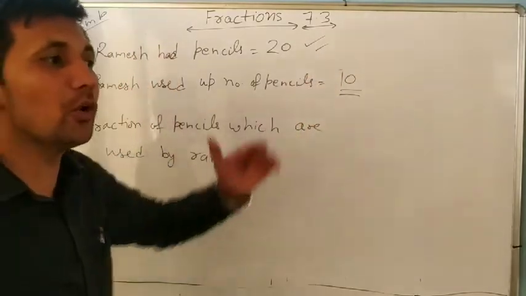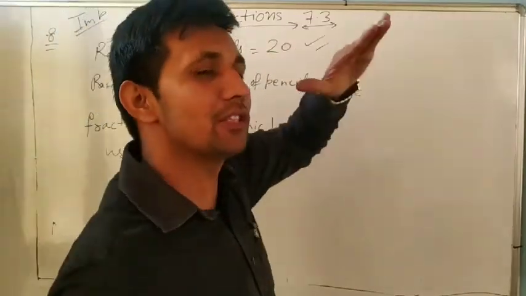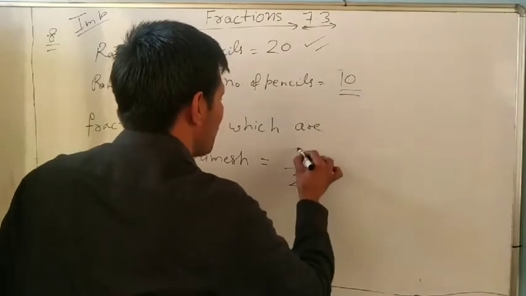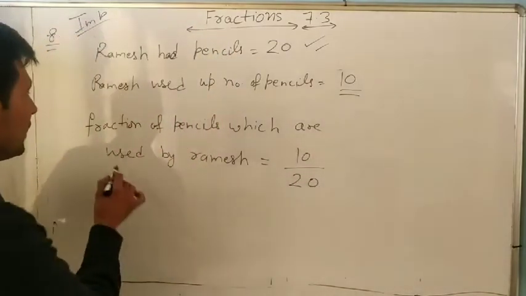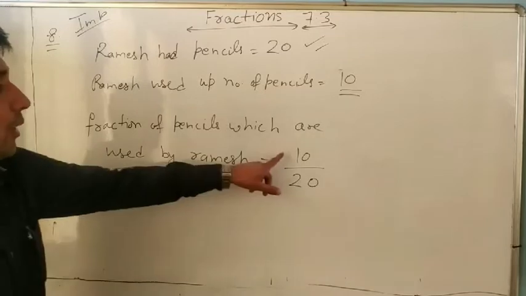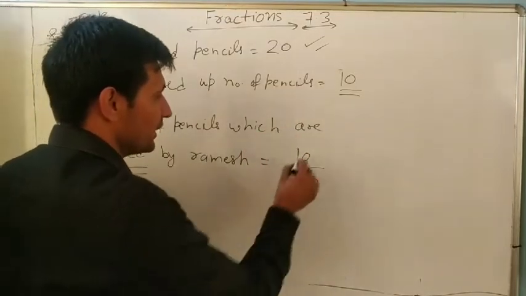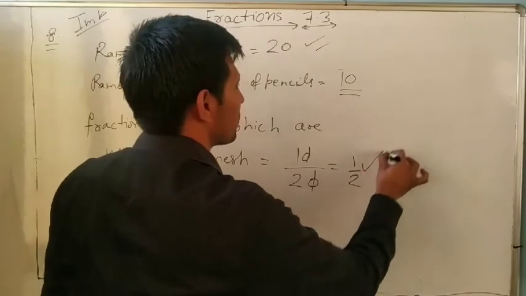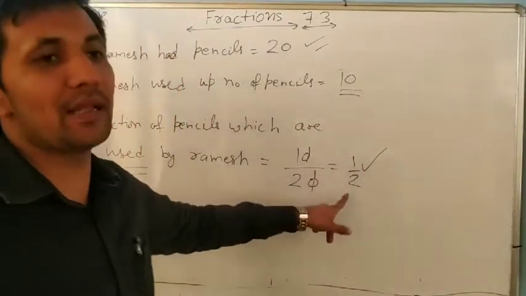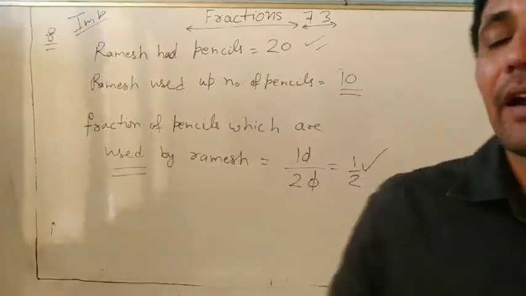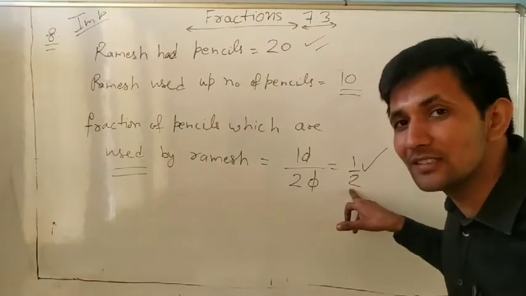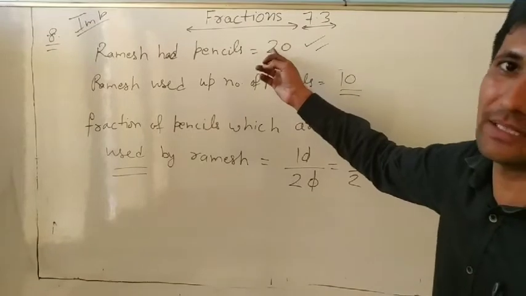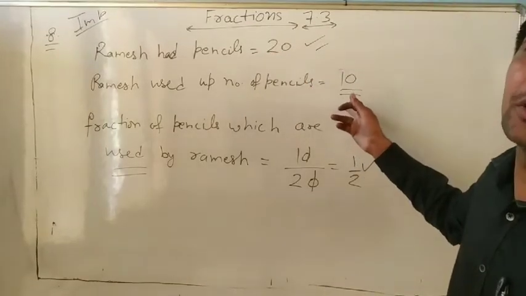Always what I told you: the total number you always write in the denominator. So 20 is total and how many used? 10. So what is the fraction? 0 cancels by 0. So what is it? 1 upon 2. So he used half the pencils. Half means if he has 2 pencils, he has already used 1 pencil. You can check it. 20 pencils, he has used 10 pencils.